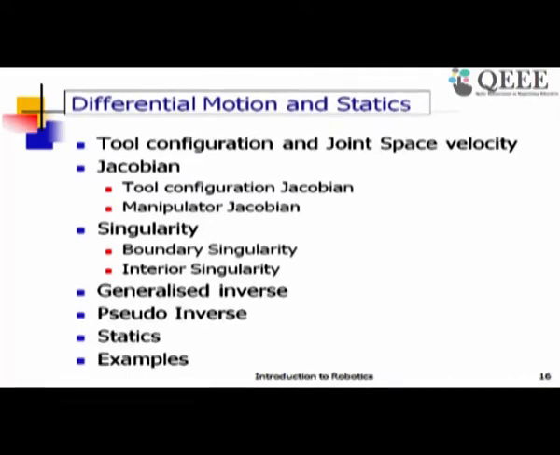So theta can be related to x, and x can be related to theta. If you have a forward kinematic relationship, all the theta can be converted to the x domain, and if you have inverse kinematics, x can be converted to the theta domain. If you know x, you can find theta using inverse kinematics. If you know theta, you can get x using forward kinematics.